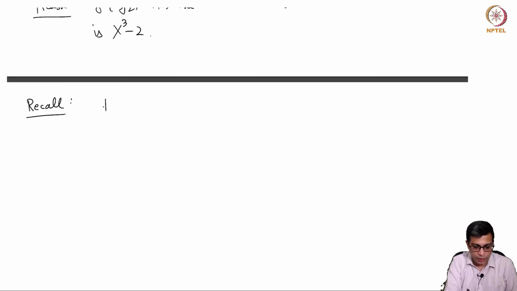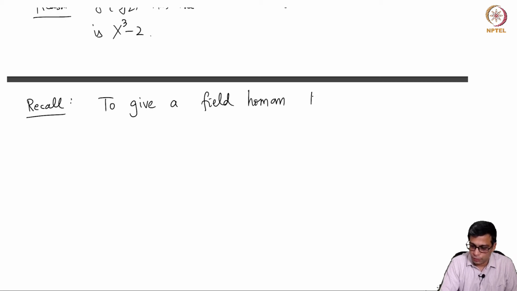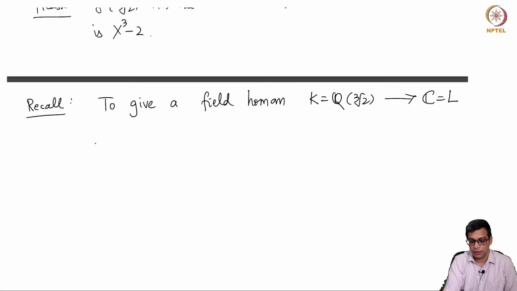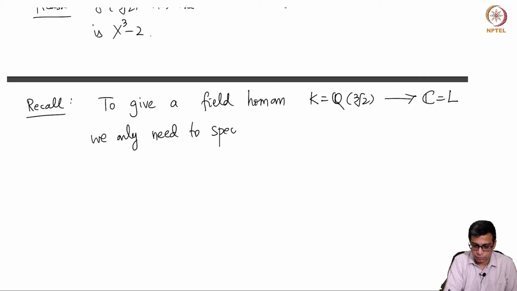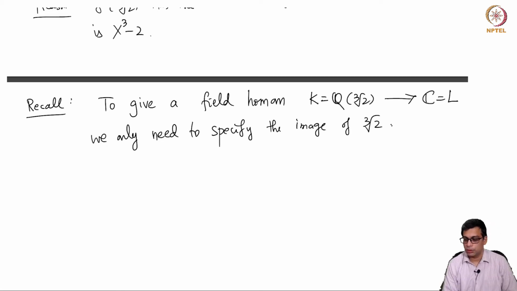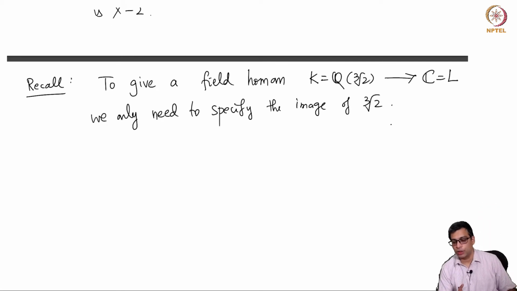To give a field homomorphism from K, which is Q adjoined cube root of 2, to C, which is L, we only need to specify the image of cube root of 2.